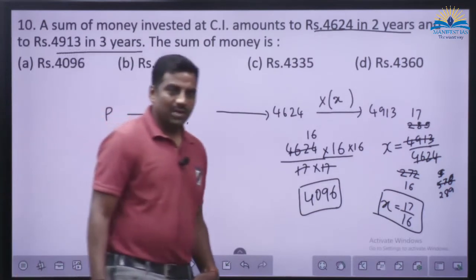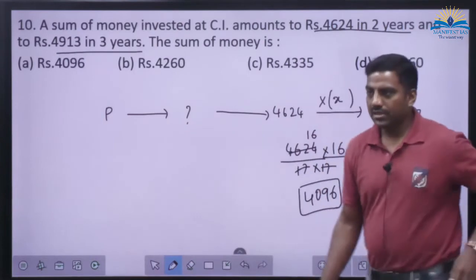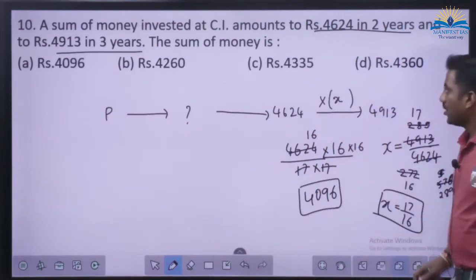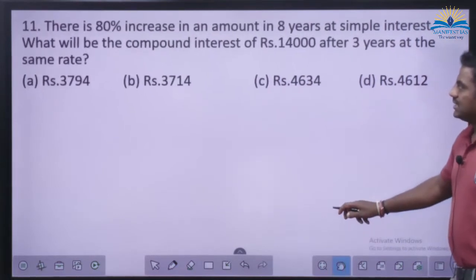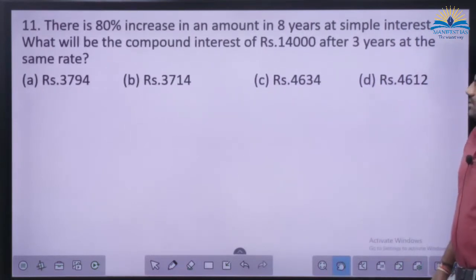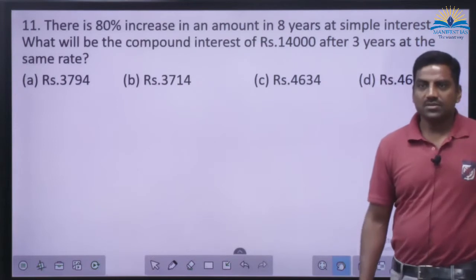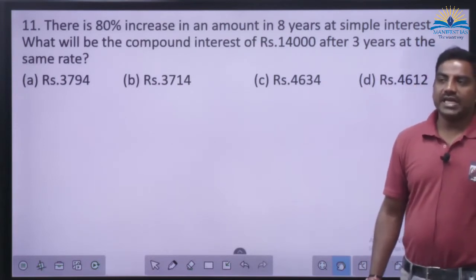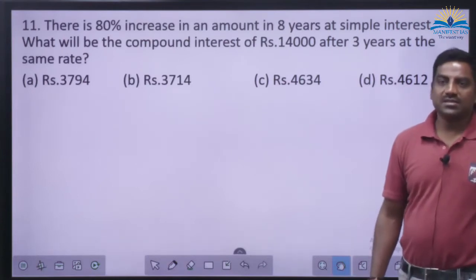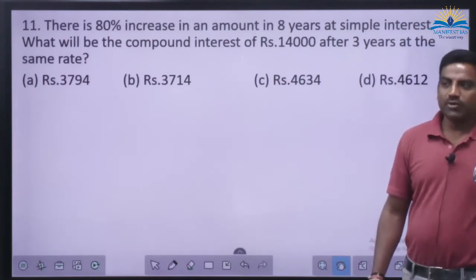Okay. Are we done with compound interest? Okay, there is an 80% increase in an amount in 8 years at simple interest. Tell me the rate of interest. You are getting 80% return in 8 years. What is the rate of interest? Every year 10% into 8.